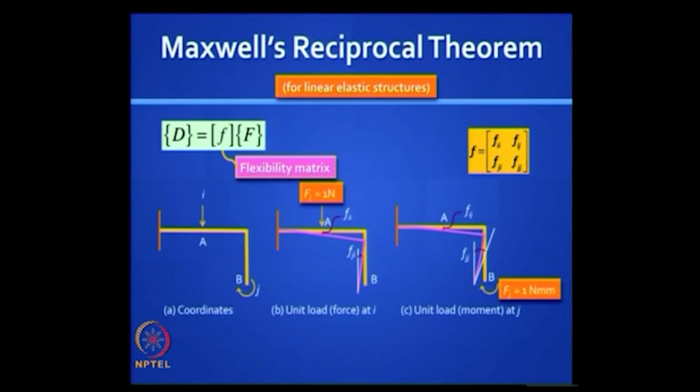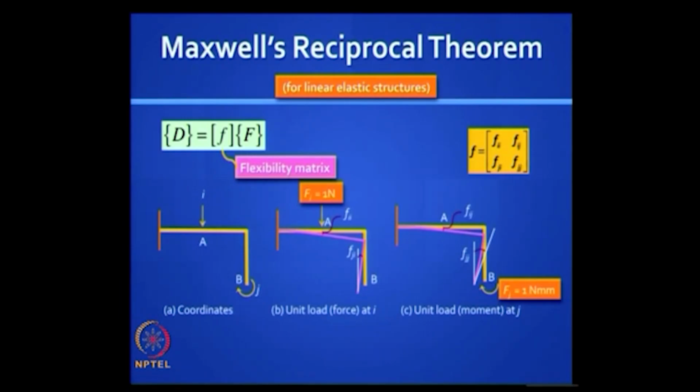This follows from our discussion yesterday. Similarly, if I want to get the second column in this flexibility matrix, I apply Fj equal to 1, which is actually a moment, and the rotation I get at the location where I apply the moment is called Fjj, and the deflection at this I location is Fij, right.